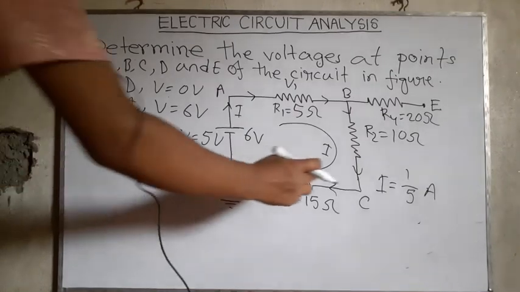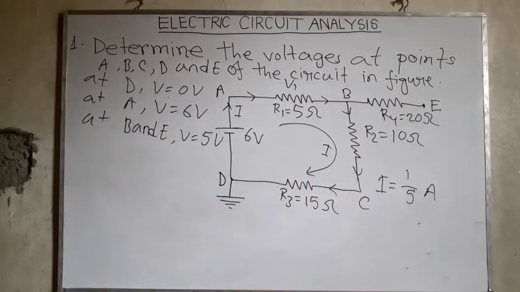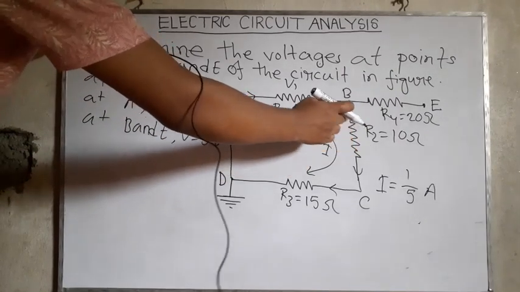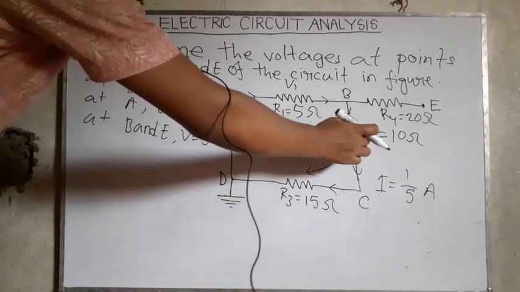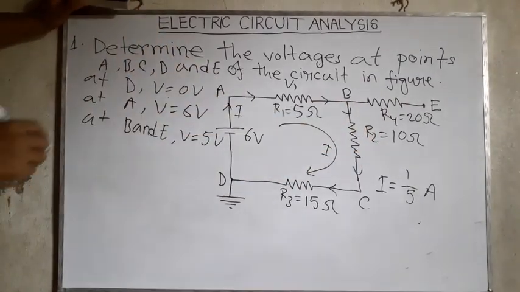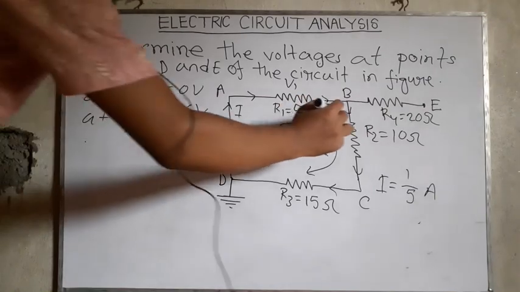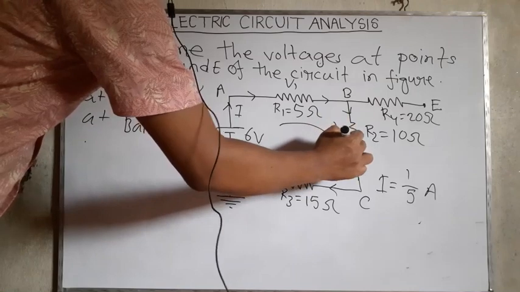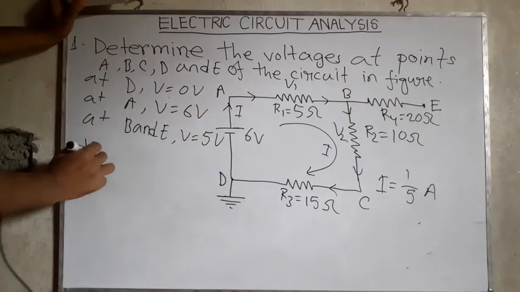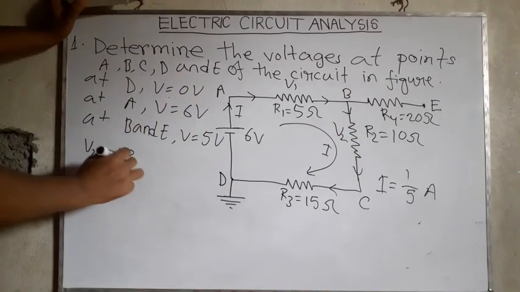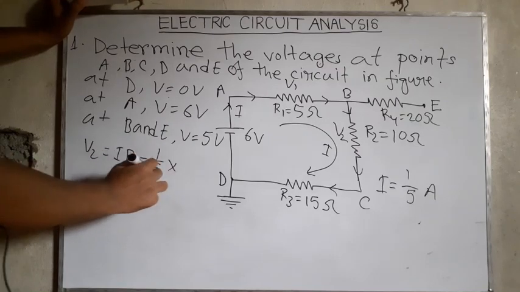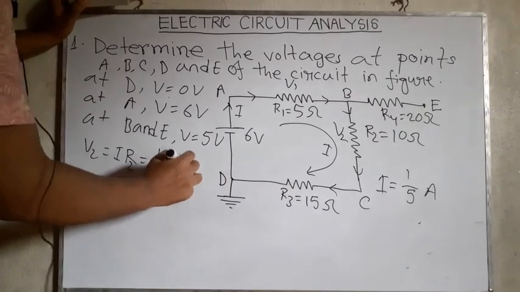Now, what is the potential at point C? We have to determine the potential difference or potential drop across the resistance R2. Suppose the potential difference between point B and point C is V2. Therefore, we can write V2 is equal to I into R2. Here I is equal to 1 by 5 and R2 is equal to 10 ohm.